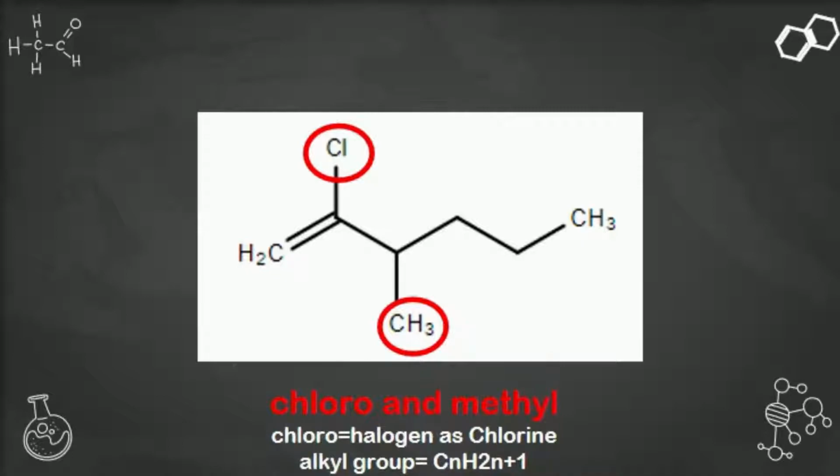Other halogens that could be seen in a structure could be fluorine as fluoro, bromine as bromo, and iodine as iodo. But in this structure, chlorine or chloro is present. As substituent, we call it chloro. Another substituent present here is the methyl. It is an alkyl group with 1 carbon and with the formula of CnH2n+1.